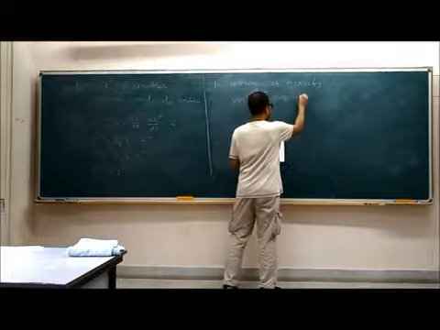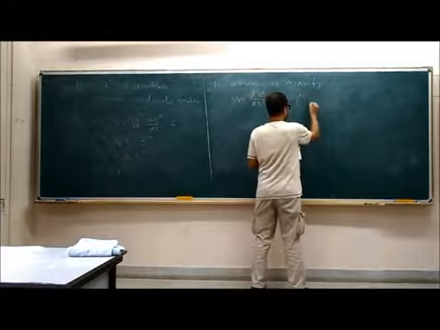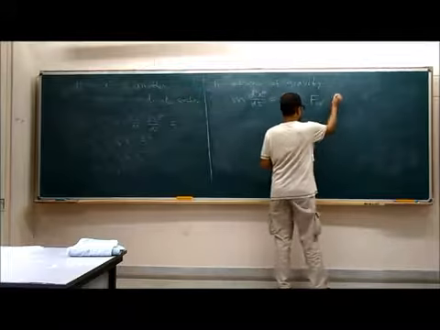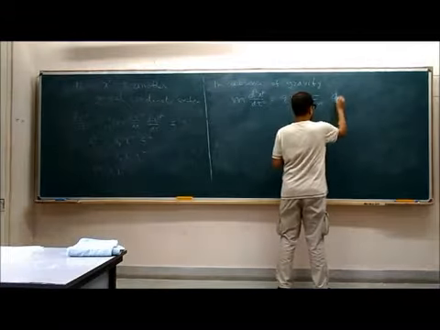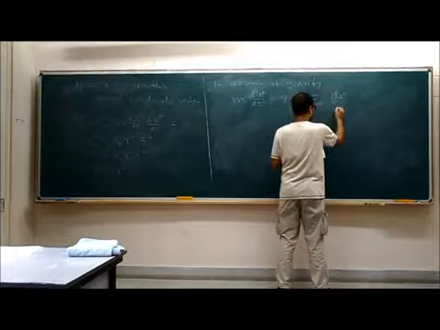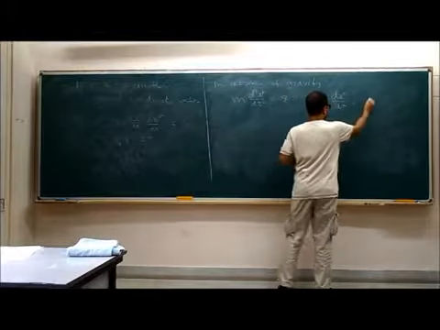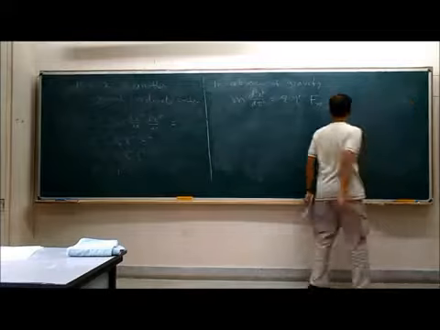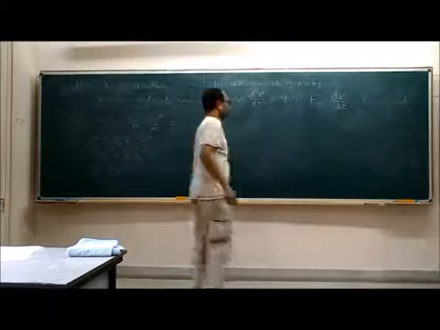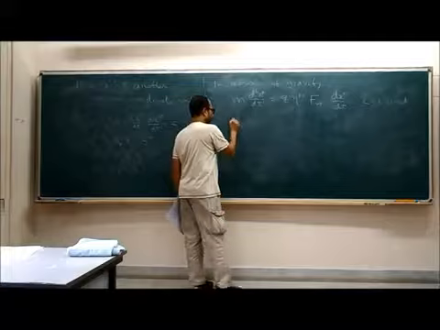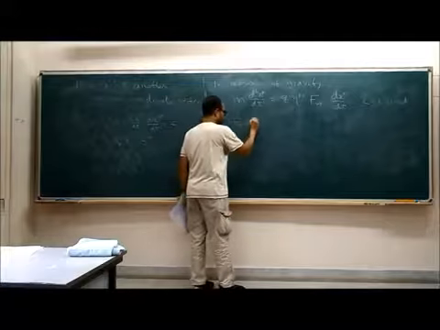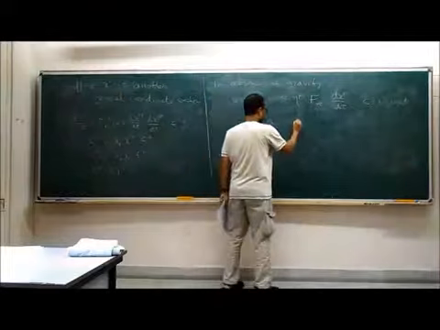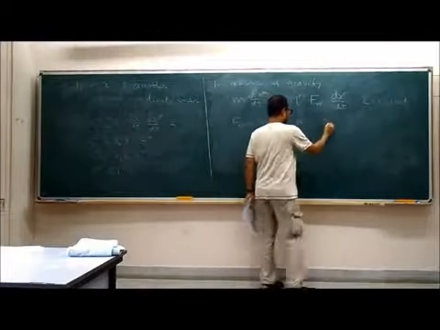Q eta mu nu is 0, this is in c equal to 1. What is F mu nu? So F mu nu is del mu A nu minus del nu A mu.